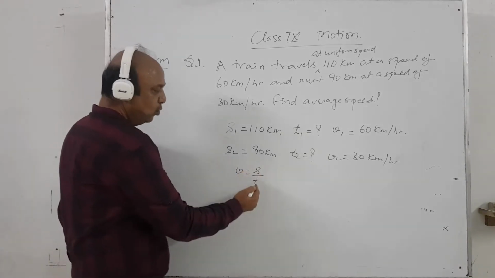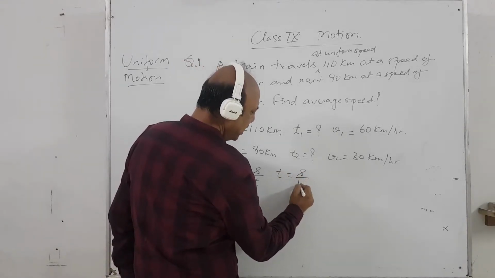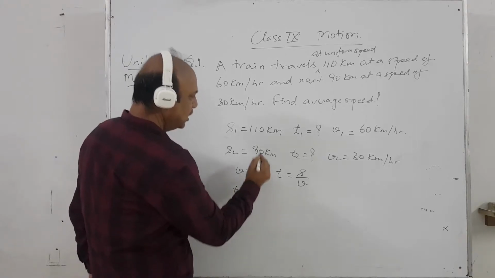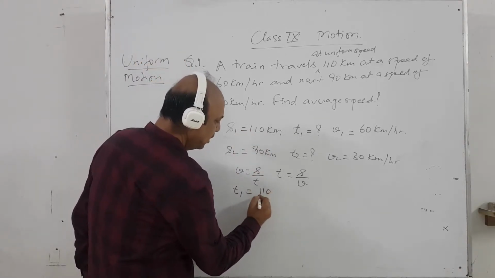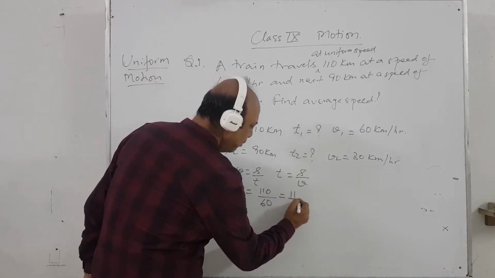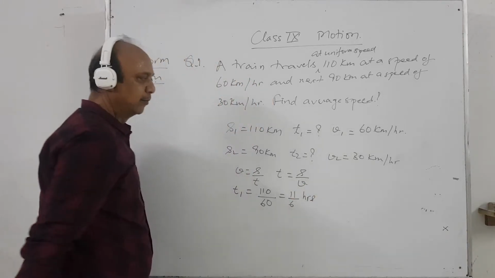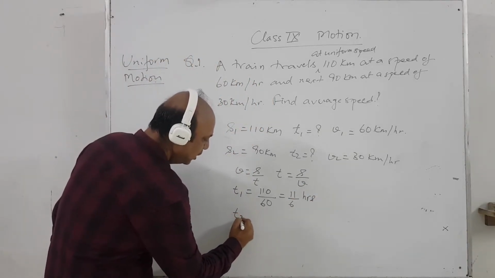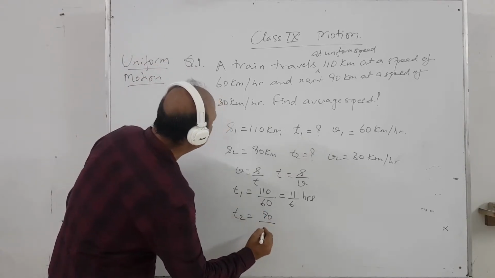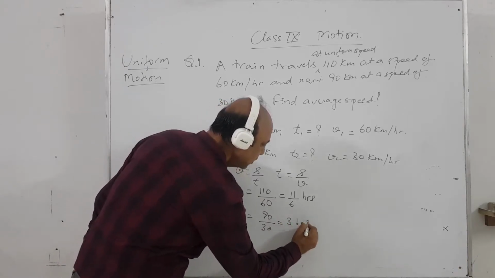So V is equal to S upon T or T is equal to S upon V. Using this formula, we get T1 is equal to S1 is 110, V1 is 60, so 11 by 6 hours. Similarly, T2 we can calculate as 90 upon 30 or 3 hours.